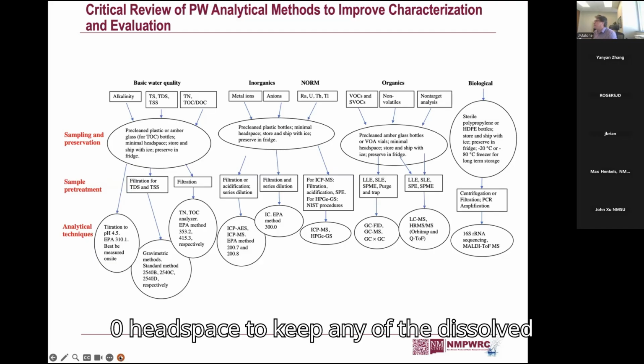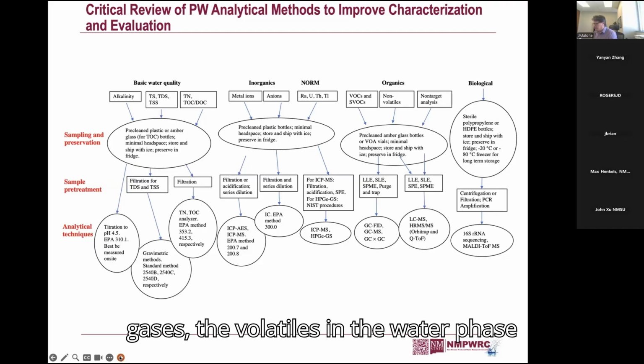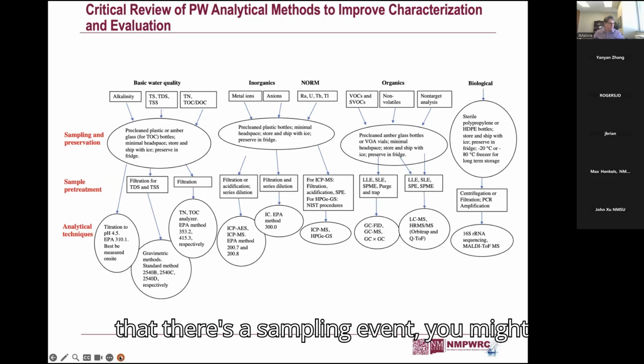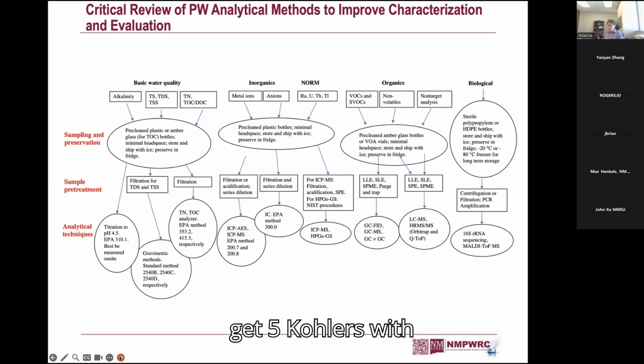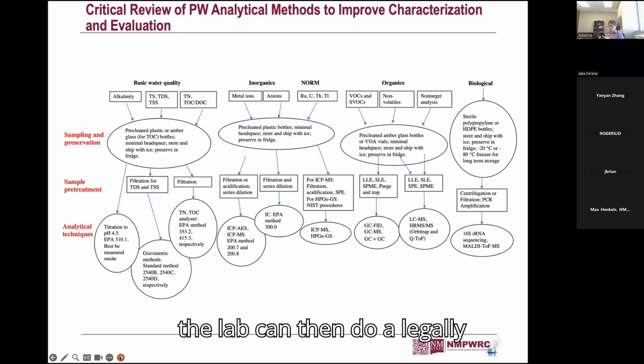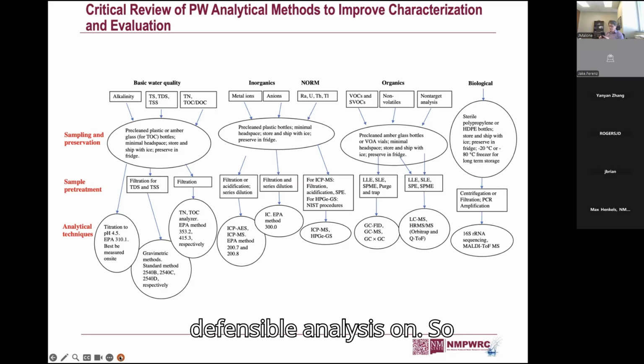Zero headspace keeps any of the dissolved gases, the volatiles, in the water phase until it is time for analysis. Poly bottles are used for your inorganics. So anytime there's a sampling event, you might get 5 coolers with 65 different bottles to capture enough water in this specific type of bottleware that the lab can then do a legally defensible analysis on.